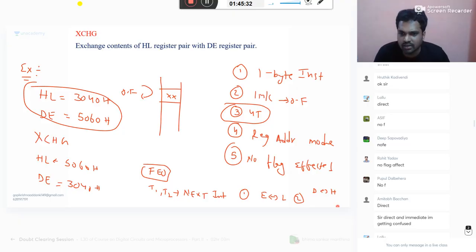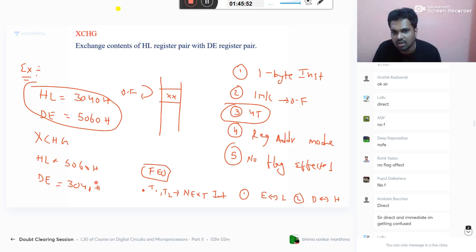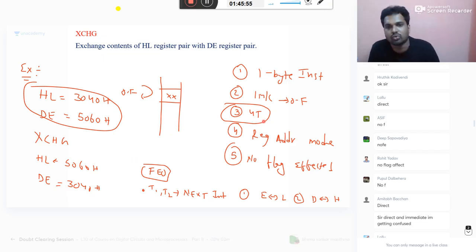What is 2-bit? I didn't understand. What this instruction will do: whatever is in L will be given to E, and E will be given to L. That's all, simple. Fetch, execute, overlap. It happens in the next instruction, first two states. 4 states are required to read the data of code fetch to understand only.